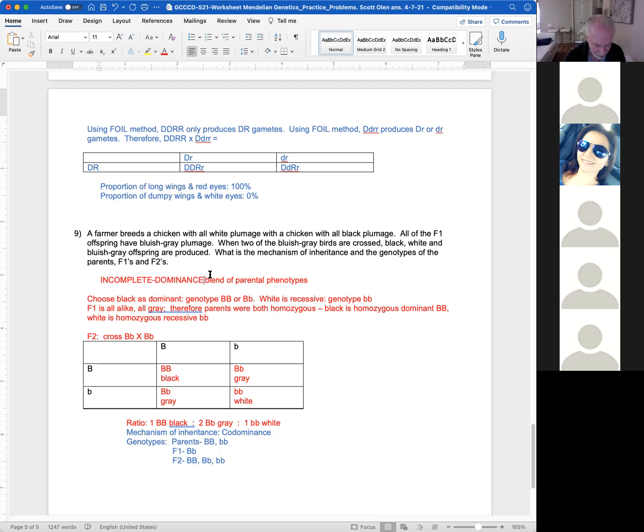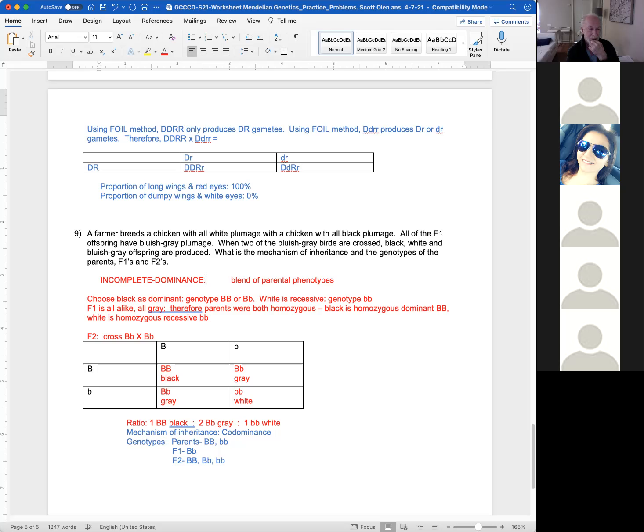If it was codominance, what would we expect to see out of the chicken colors? In complete dominance, the dominant allele completely masks the recessive allele. In incomplete dominance, the dominant does not completely mask it. They sort of come to a happy agreement somewhere.